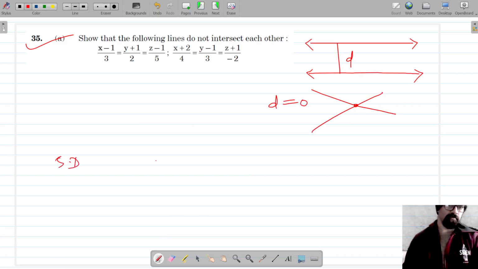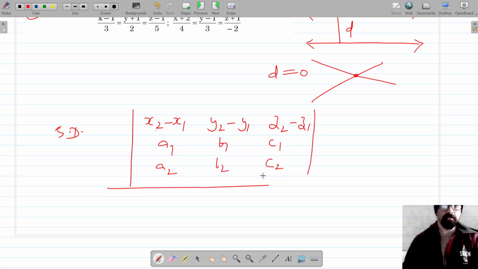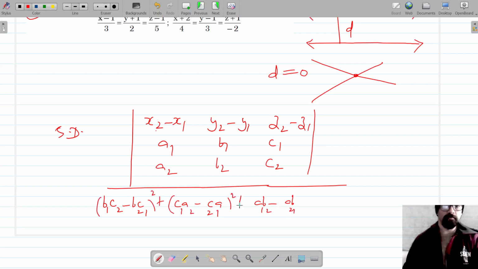To find the shortest distance of two lines in Cartesian form, the formula is the determinant of x2 minus x1, y2 minus y1, z2 minus z1, then a1, b1, c1, the direction ratios of the first line, and a2, b2, c2, the direction ratios of the second line, divided by the square root of the sum of squares of the cross product components.